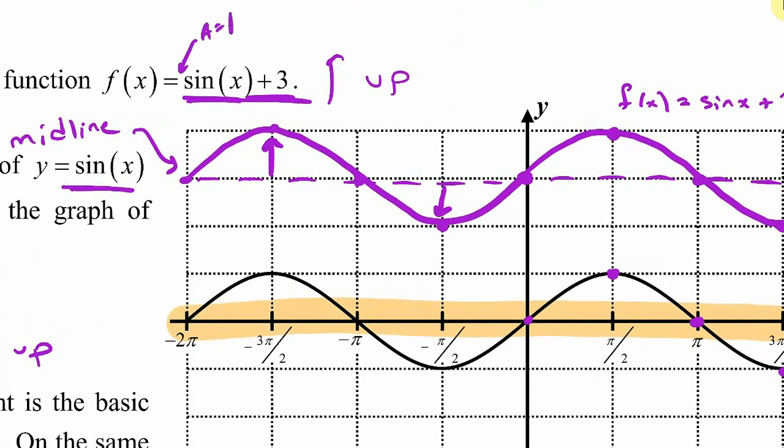So this graph still goes up 1 and down 1 from the midline. That property is not affected. The amplitude still tells us we're going to go up and down 1. The plus 3 simply gave us where the new midline was. The vertical shift is going to shift the midline up and down just like the rest of the graph.